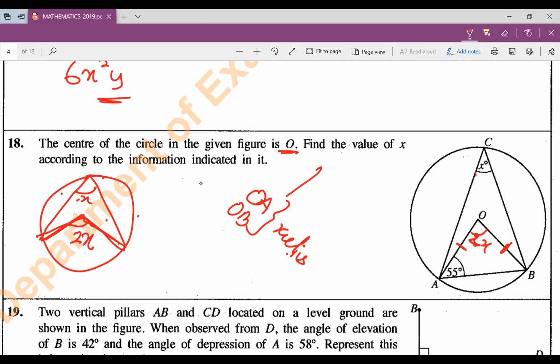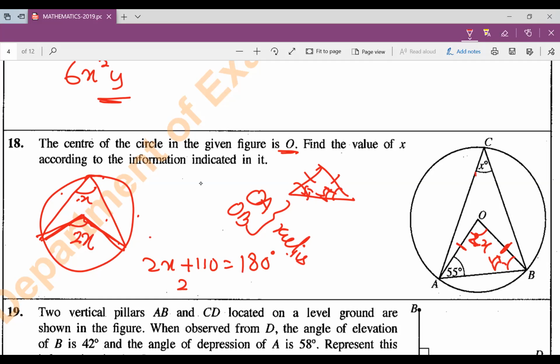So in the triangle, if two sides are equal, the angles opposite to those sides will also be equal. So if this is 55, this is also 55. So 55 plus 55 is 110. So 2x plus 110 is equal to 180, because the sum of the angles in the triangle is equal to 180.